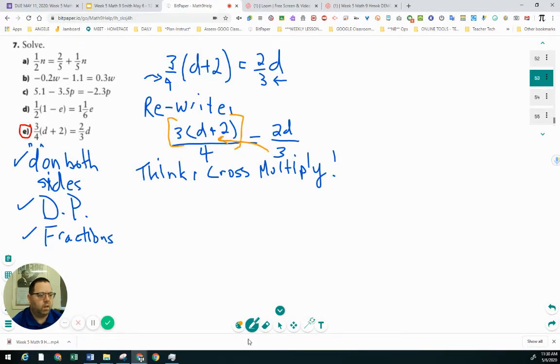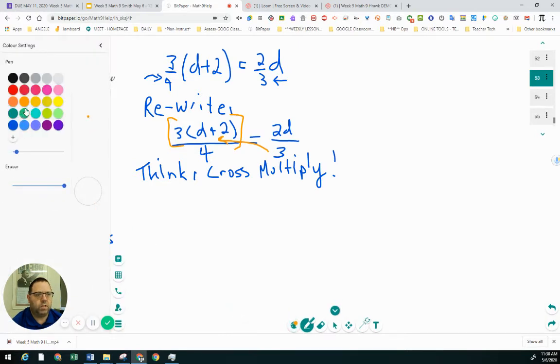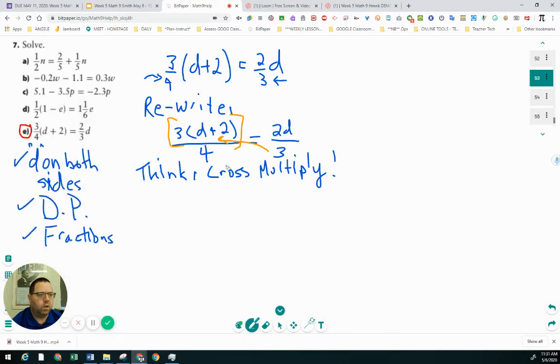And on the other hand, I'm going to take this denominator, in green, and multiply it to this side's numerator. So let's see how that works out. Actually, let's just deal with the one I just did in green.